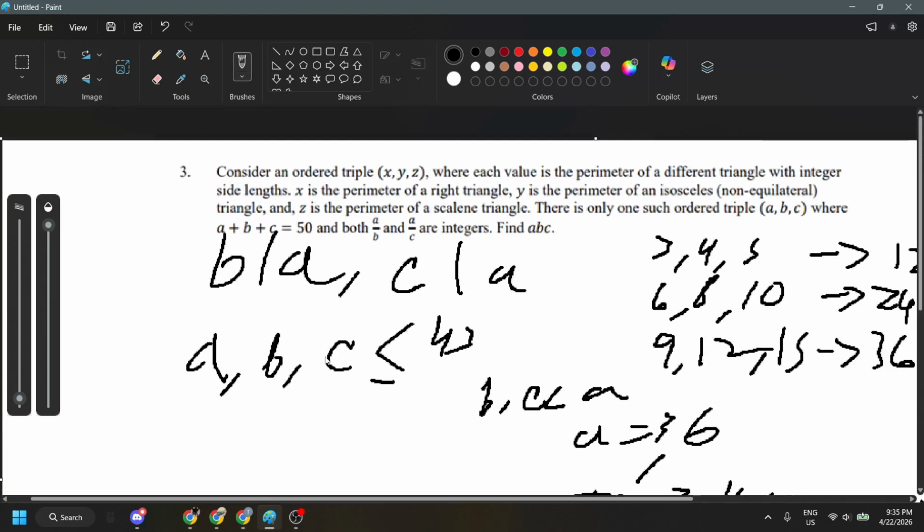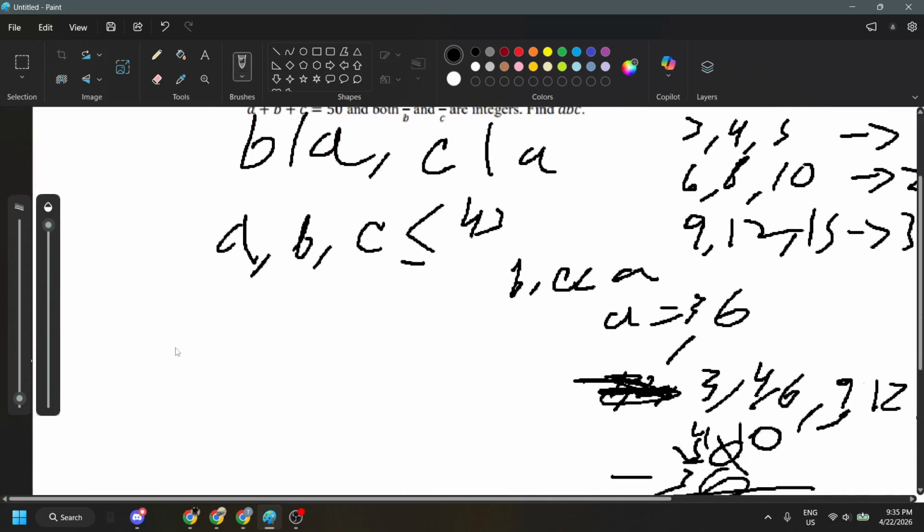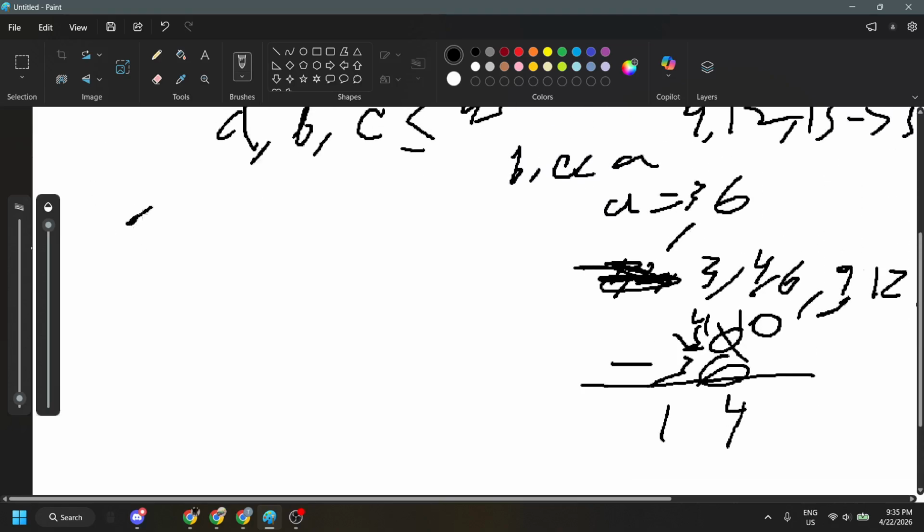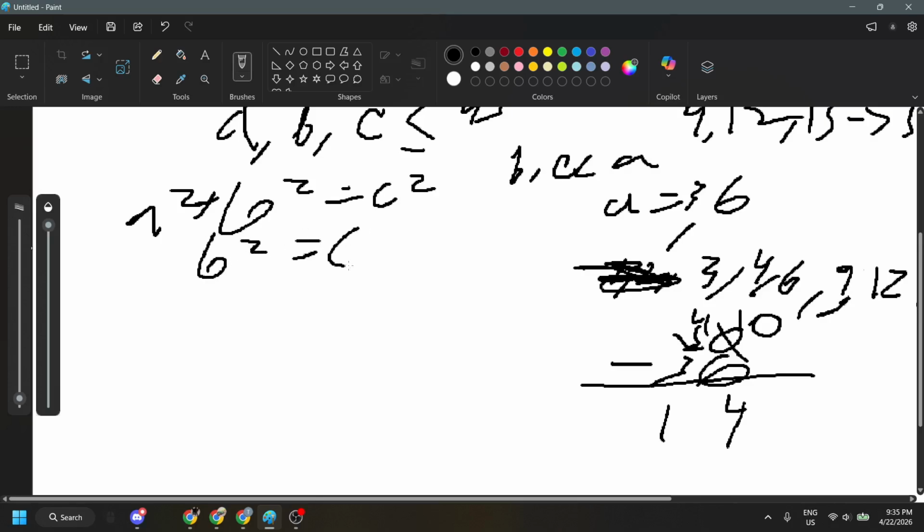Okay, so we need to find another pattern of right triangles, of Pythagorean triples. A squared plus B squared equals C squared. We could say B squared is equal to C plus A times C minus A, maybe?